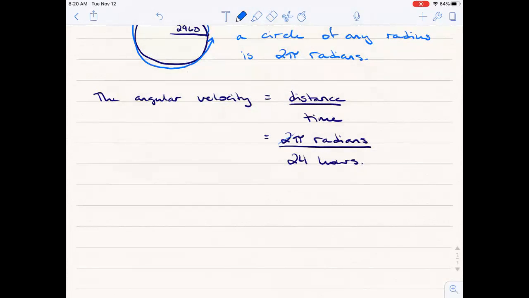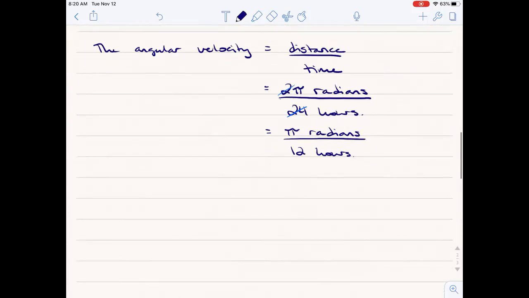We're in the business of canceling here. Then we've got pi radians every 12 hours. So omega, the angular velocity, is pi over 12 radians per hour.